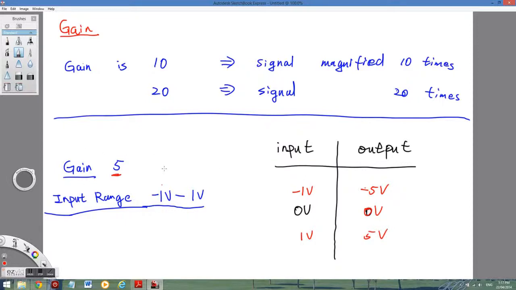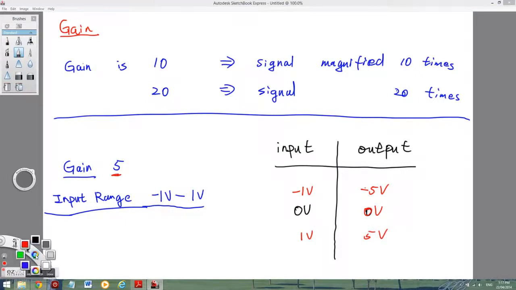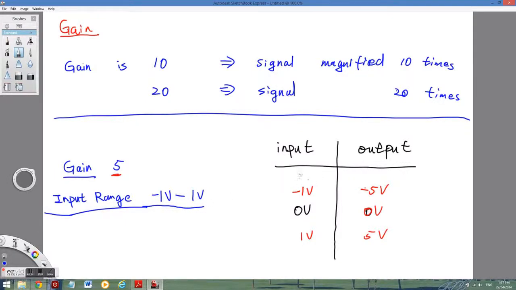So for this particular amplifier, if I make an input of say minus 10 volt, the output will be just minus 5 volt, because the people who design this amplifier can only design it this way. Within the range from minus 1 to 1 volt, the gain is 5.